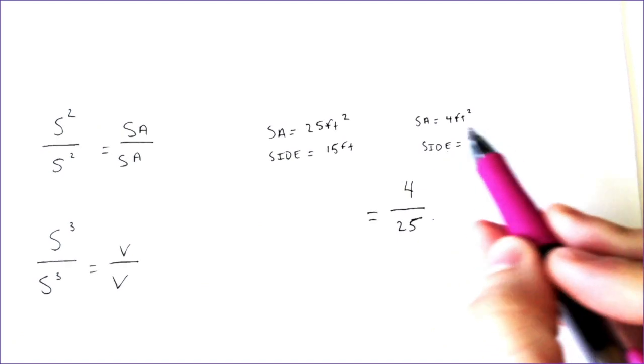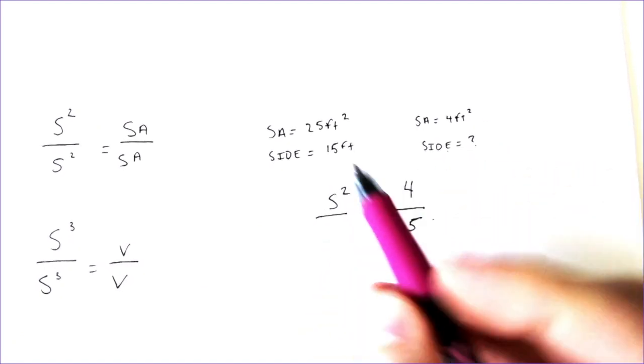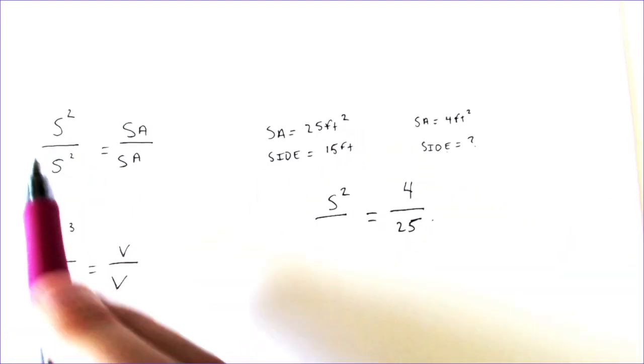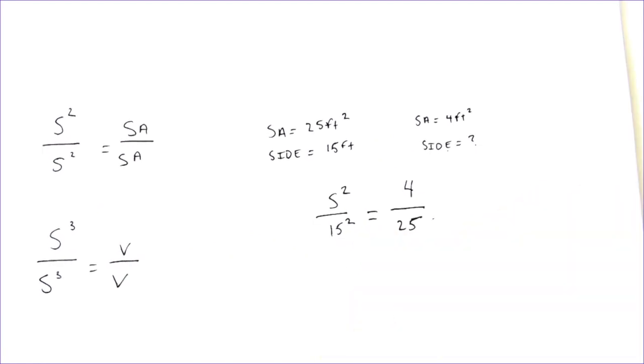So I don't know this smaller side, so I'm going to put that as an S squared. But I do know the bigger side right here is 15, so that's going to be a 15 squared on the bottom. And we have just set up a cross multiplication problem.